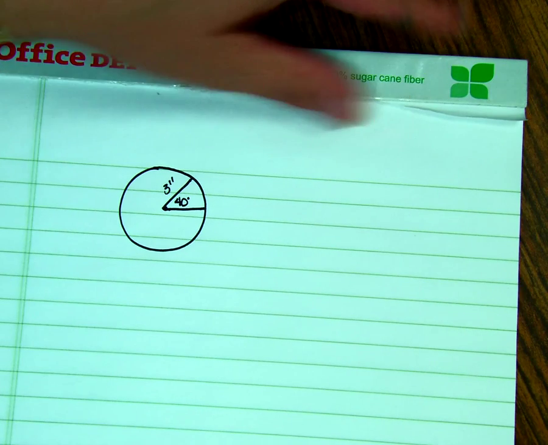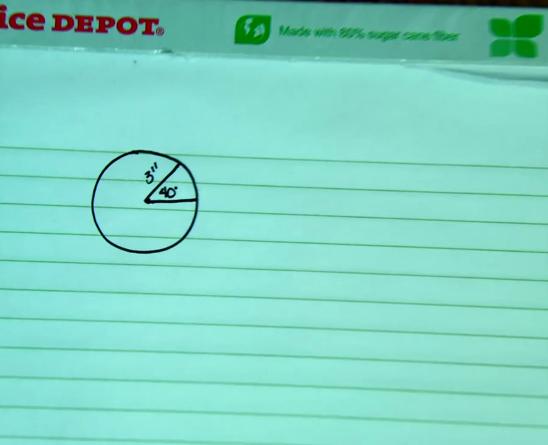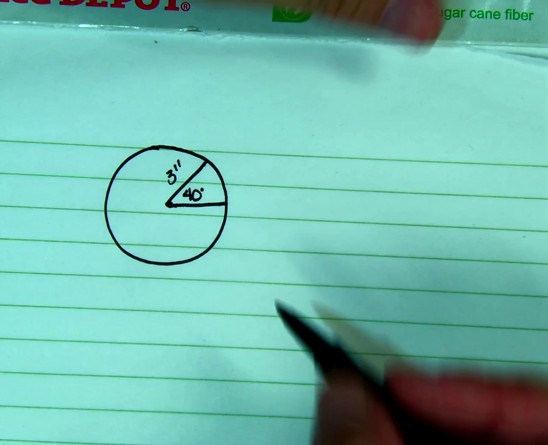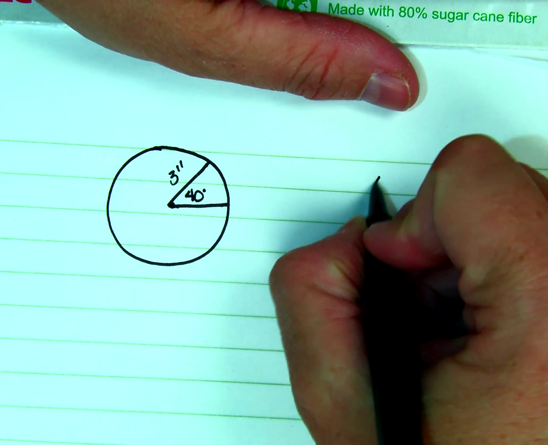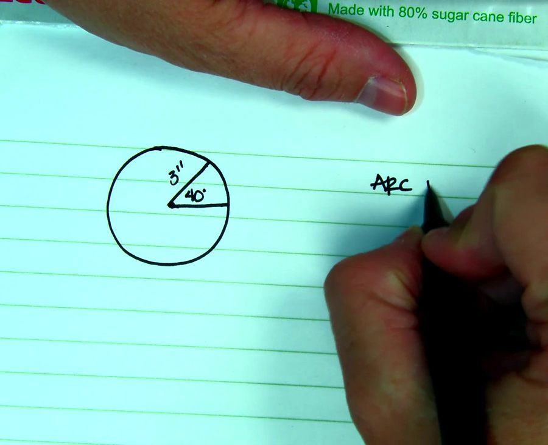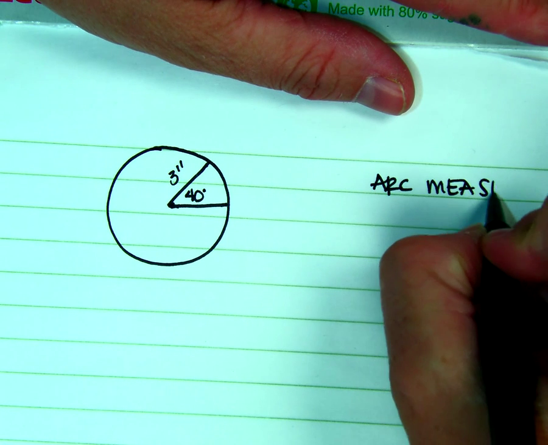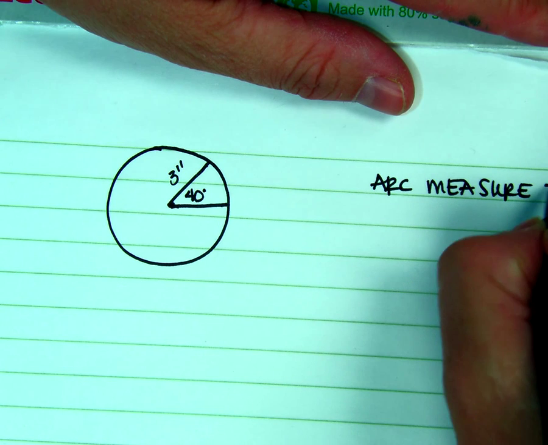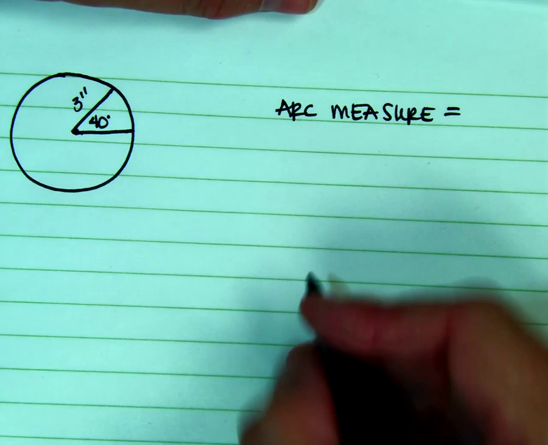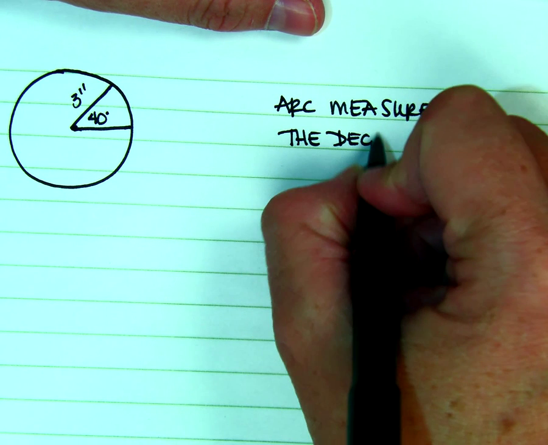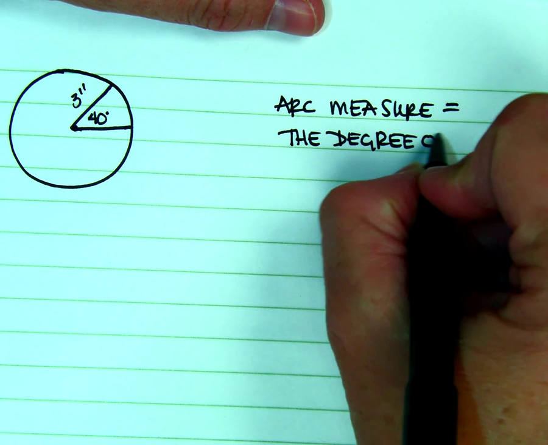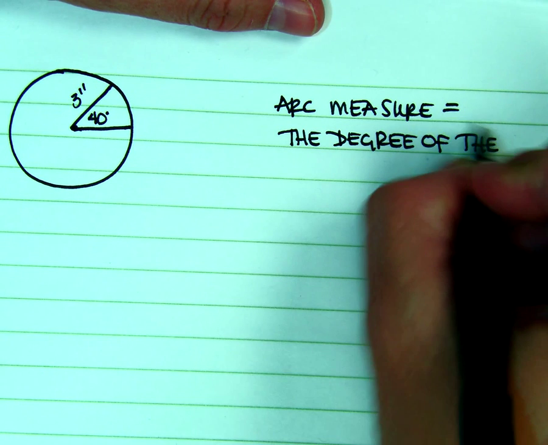So my central angle is 40 degrees. Let's talk quickly about arc measure. Arc measure equals the degree of the central angle.